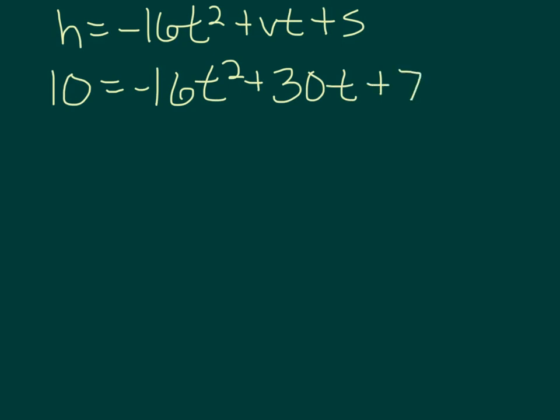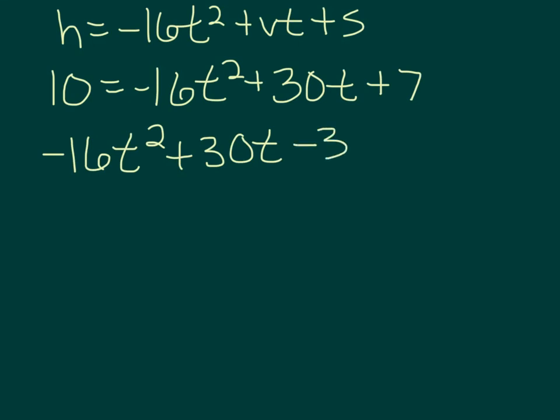So we now have a quadratic that we need to solve. And of course, to solve a quadratic, it has to equal 0. So we're going to subtract the 10, and 7 minus 10 would be negative 3. Then we take this and we use these for a, b, and c. So I forgot my equal 0. And plug them into the quadratic formula. Instead of using x, we're using t, but it's the same thing.